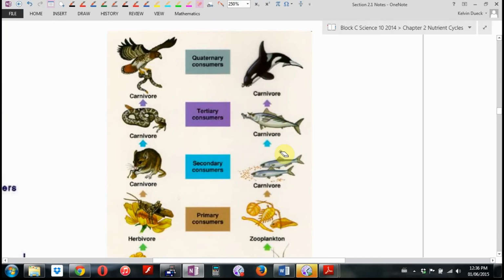Tertiary, bigger fish eat smaller fish, snakes eat mice. After tertiary comes quaternary, killer whales, orcas eat bigger fish, eagles might eat snakes. It keeps going up from there. You need to know primary, secondary, and tertiary. Okay?